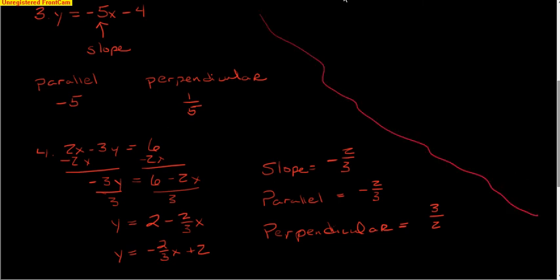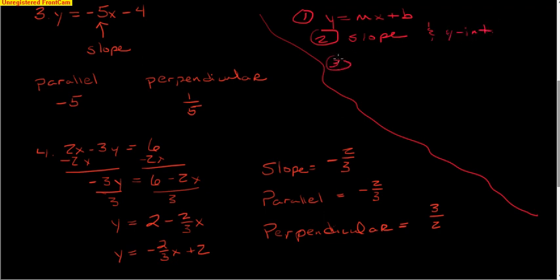And here are the things that you should get from this lesson. You should be able to put an equation into y equals mx plus b, or slope-intercept form. You should then be able to tell me what the slope and the y-intercept are.